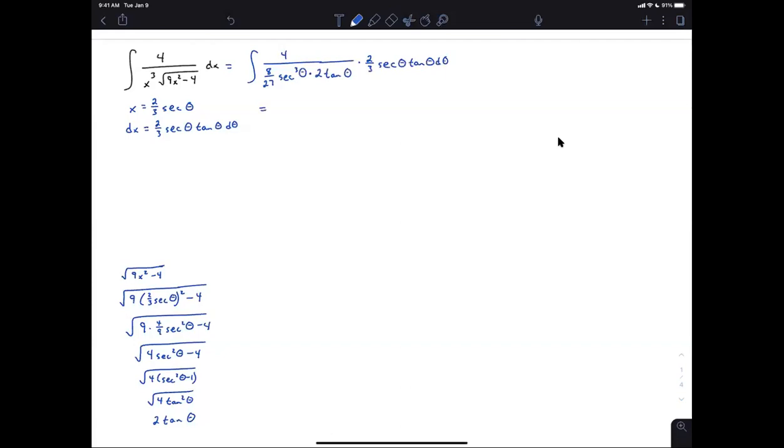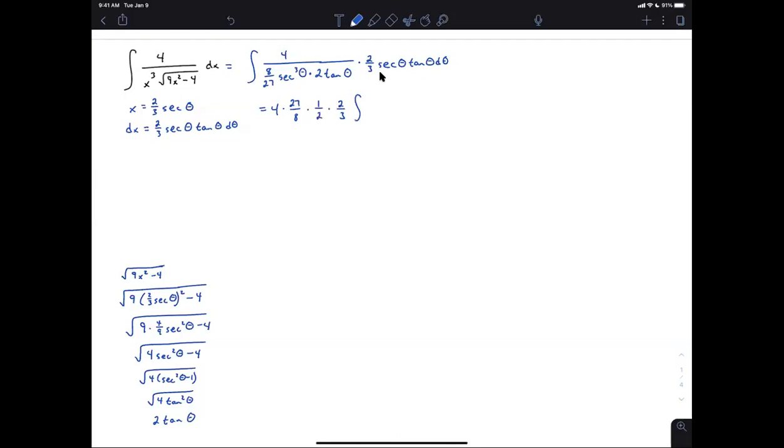And now we pull out all of the coefficients. So we pull out 4 from the top. The 8/27 is in the bottom, so we pull it out as 27/8. The 2 is in the bottom, so it's really 1/2. The 2/3 is not in the bottom, so it comes out as 2/3.